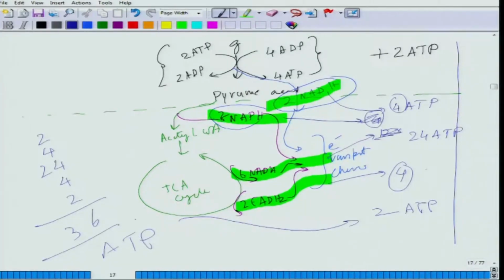So, this is basically what is happening in the process of ATP production.